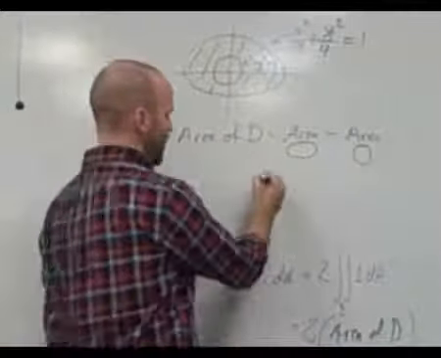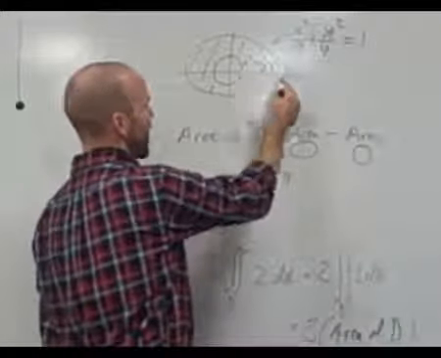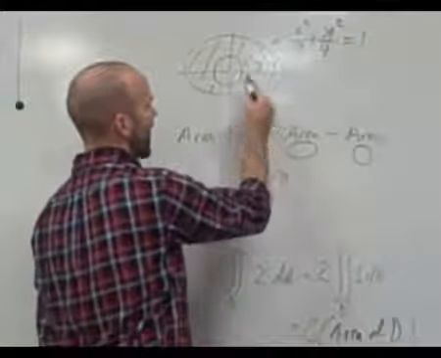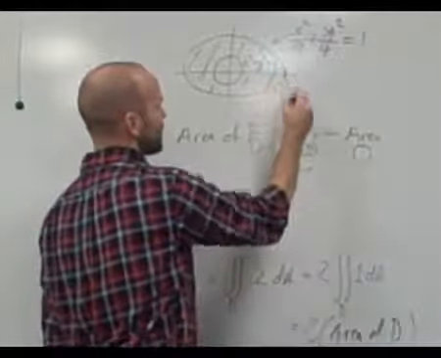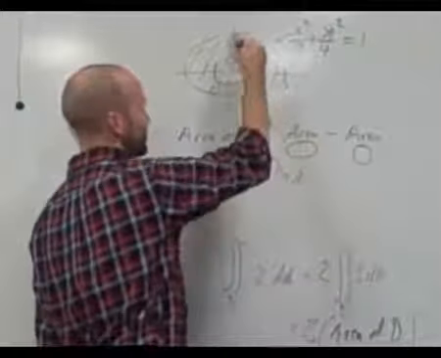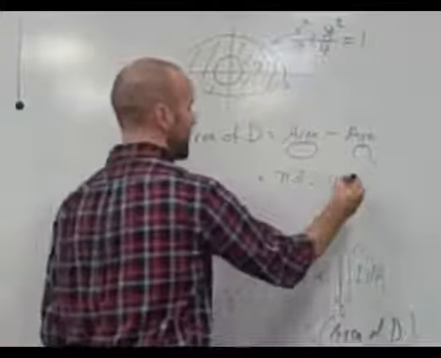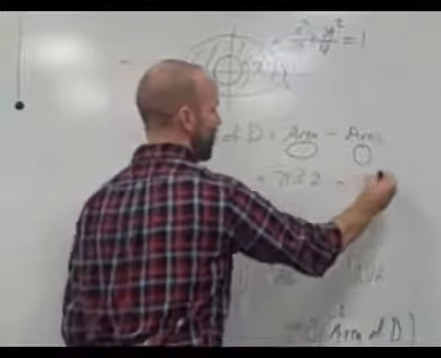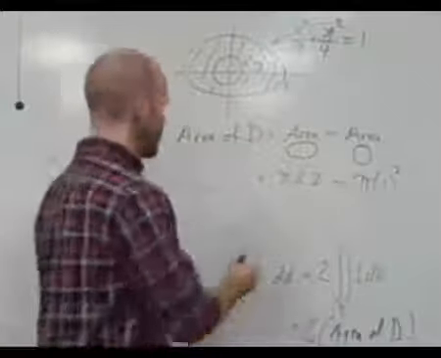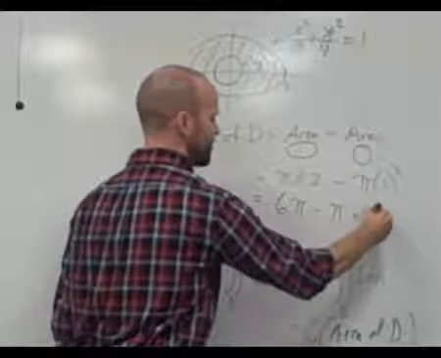So if you remember, the area of an ellipse is pi times the major axis radius times the minor axis radius. The major axis radius is 3 units long, so it would be pi times 3, and the minor axis radius is 2 units long, so it's pi times 3 times 2. And the area of the circle is pi r squared, and in this example the radius is 1. So we end up with 6 pi minus 1 pi, which is 5 pi.